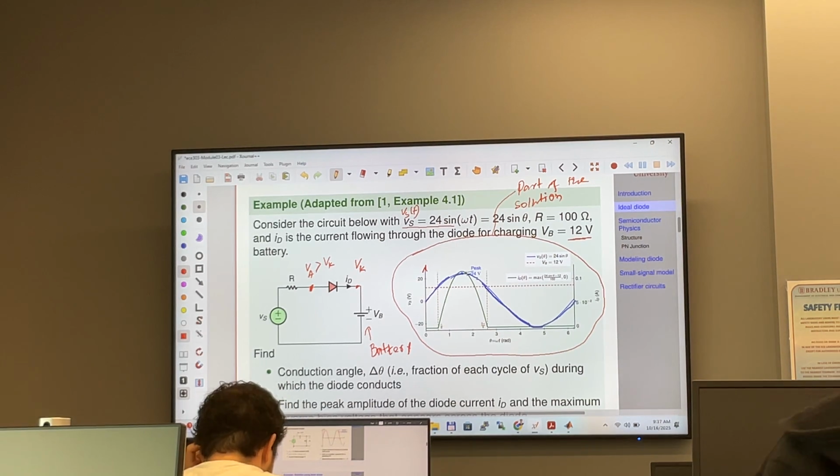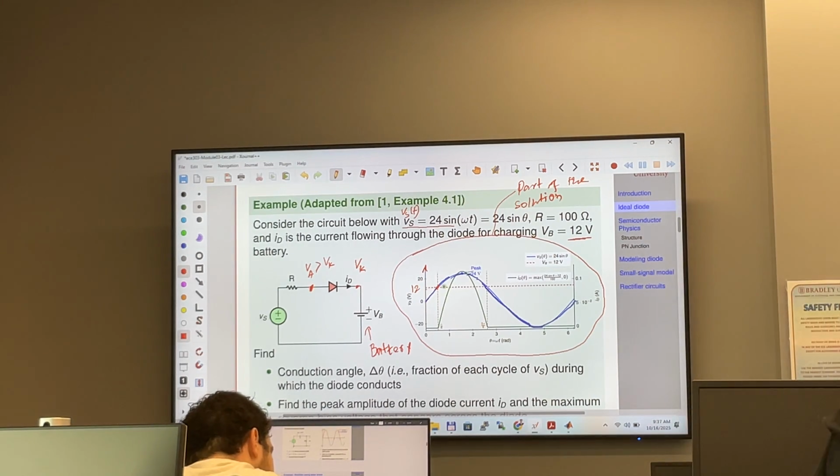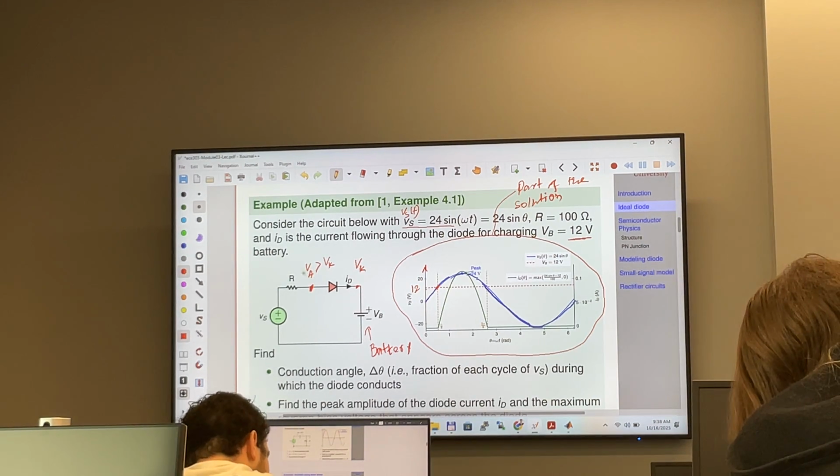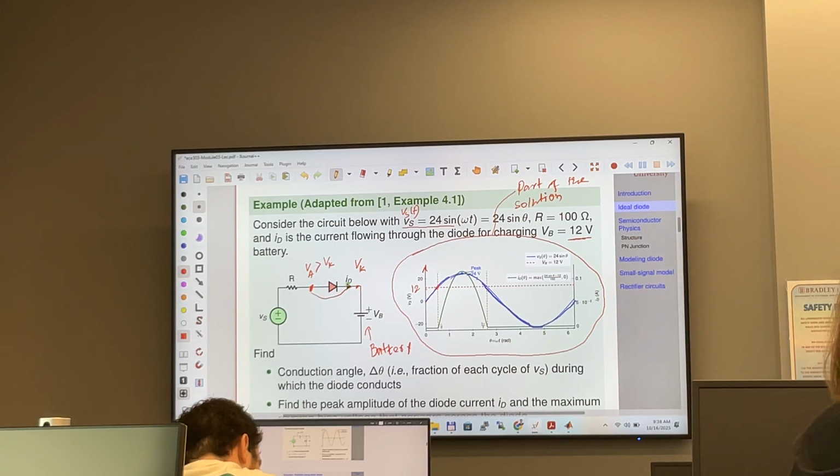Clear? When this is little over 12 volt, you see that this voltage is going to be greater than this voltage.